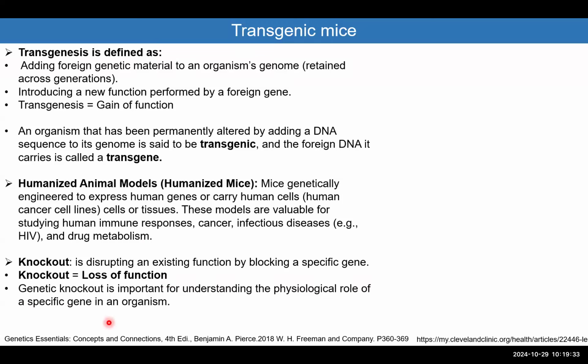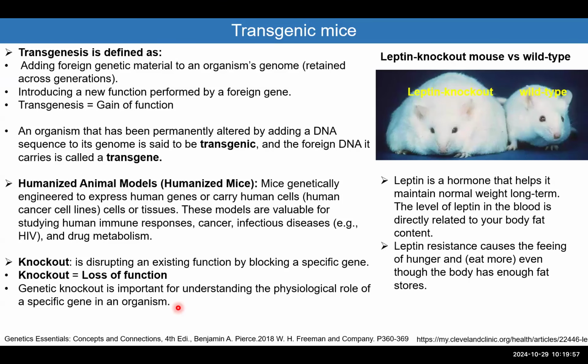And genetic knockouts are very important to understand the physiology behind certain genes. So we would like to understand, in conditions where we lose that gene, what would be the physiological response. Obviously, we can't do this in a human, so animal models are the perfect model to test.